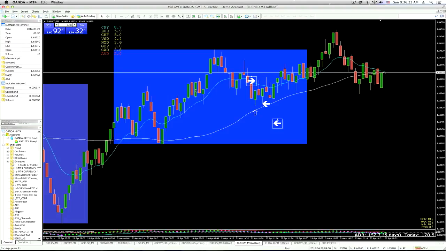When you have consolidation like this, any type of consolidation, you want to wait until things clear out. So maybe waiting for a break above a certain level, and we do get a break above here. Let me just try and speed this up.